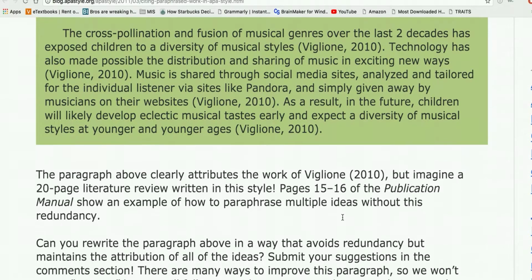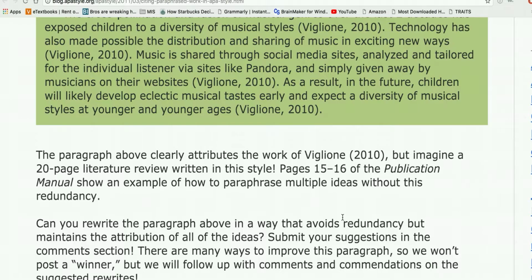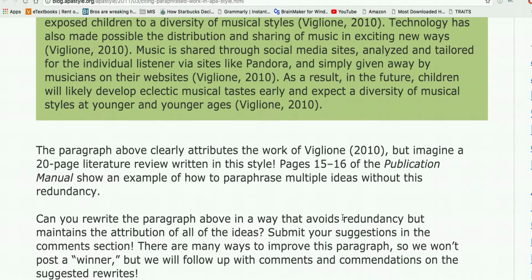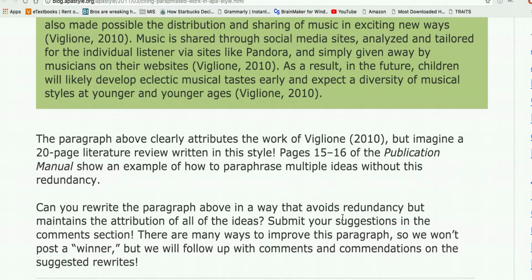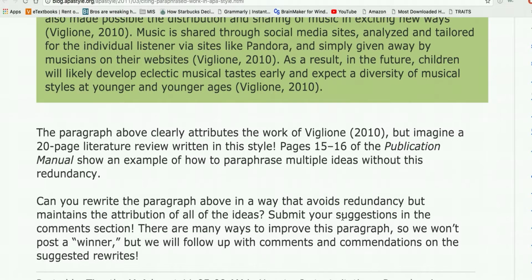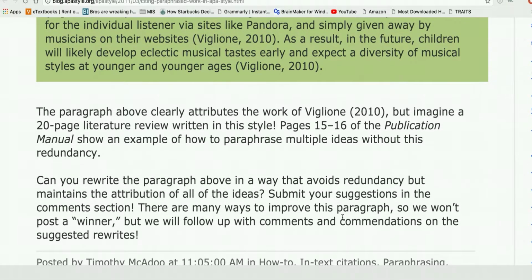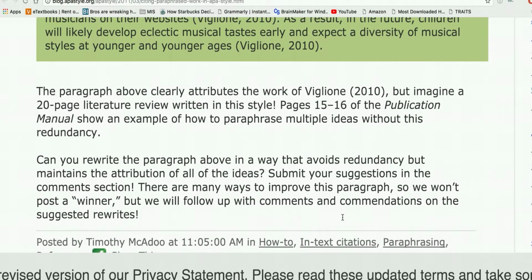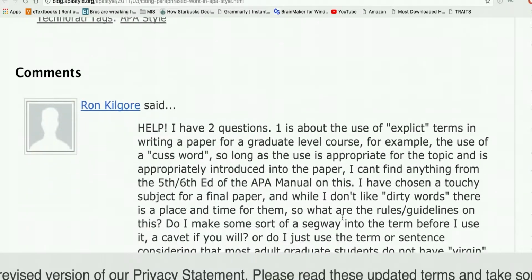The paragraph above clearly attributes the work of the author, but imagine a 20-page literature review written in this style. Paragraphs 15 through 16 of the publication manual show an example of how to paraphrase multiple ideas without this redundancy. So it goes through and tells you how to do that.